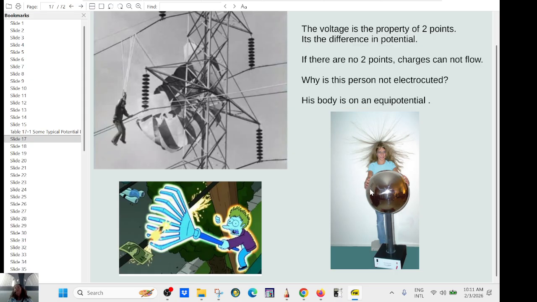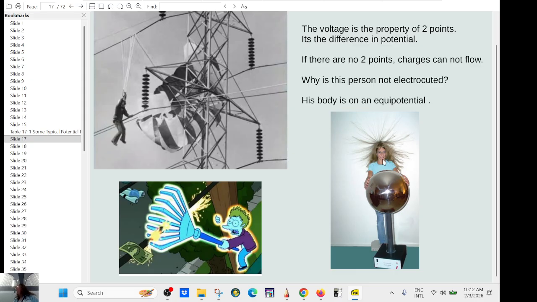Now, she's touching it. So all those electrons or charges will flow here, cannot go inside because she's conducting, will go outside. So that's why the hair rises, but the voltage is the same. So this is 100,000 volt. Her body will be at 100,000, and yet she doesn't die.